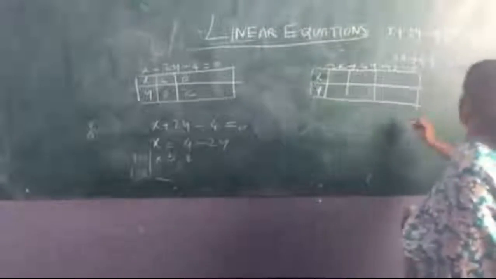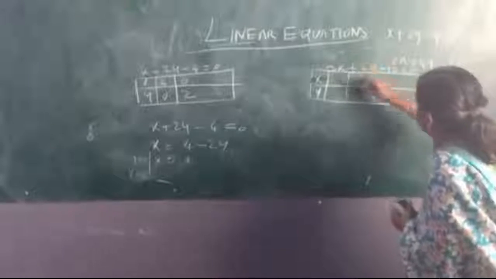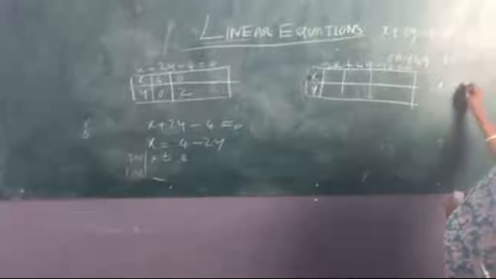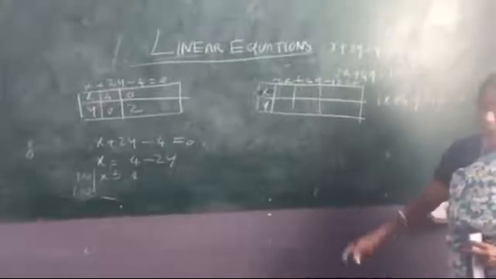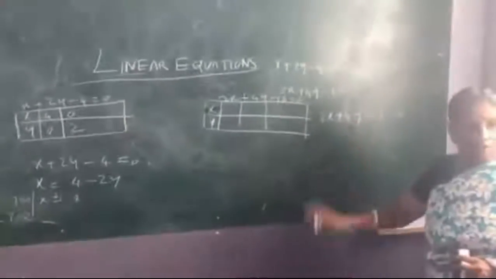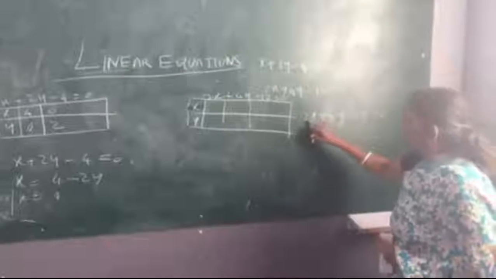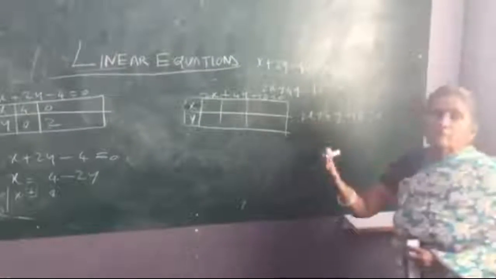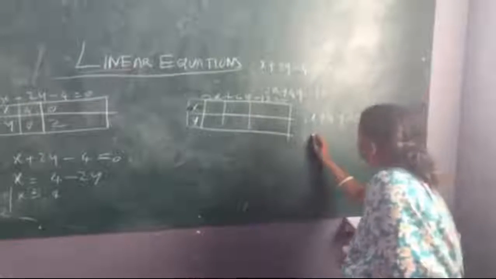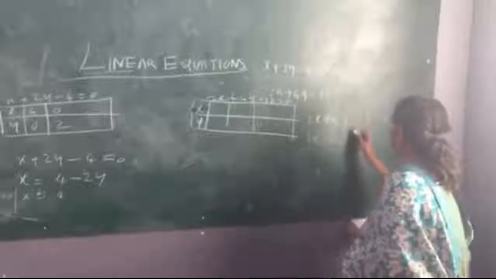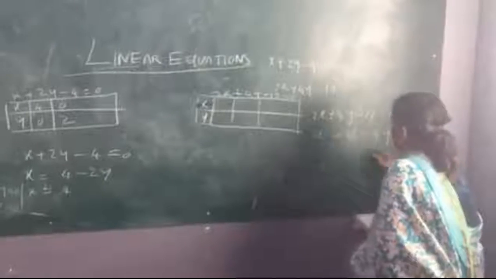Now, this is 2x plus 4y minus 12 is equal to 0. Since both x and y have coefficients, you go for the least coefficient, preferably an even number, that is not a prime number. So you can always go for 2x equal to 12 minus 4y.